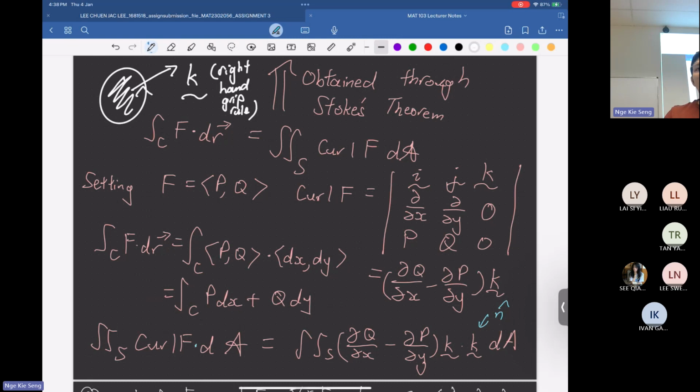So make sure you know at least how to apply this theorem, and how to parameterize a surface. That's all. We won't play tricks on orientation.